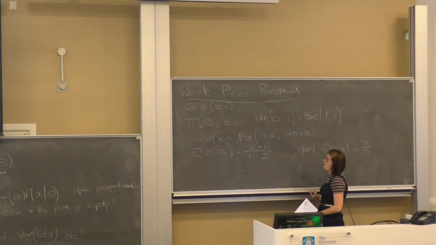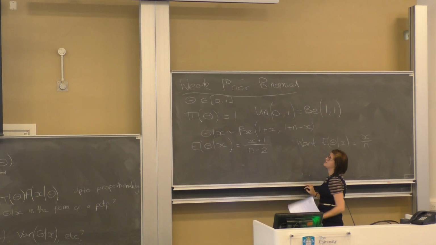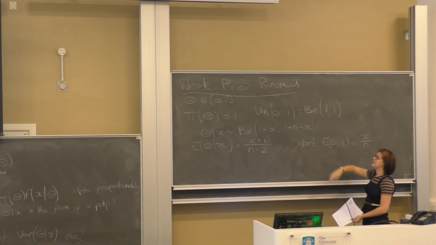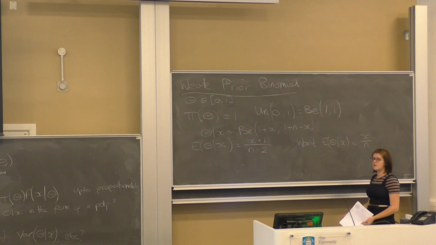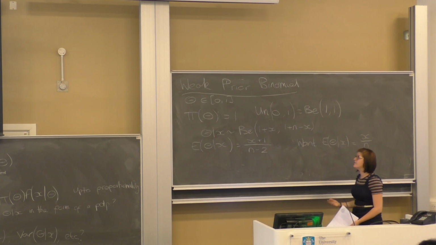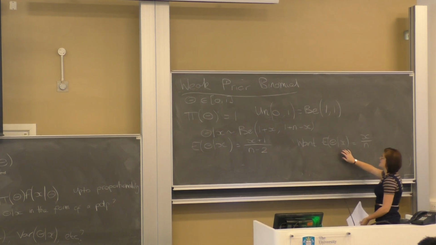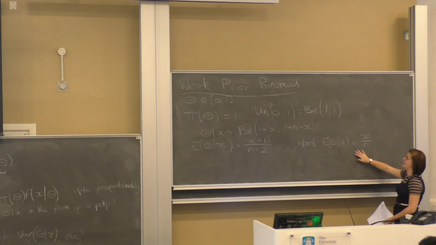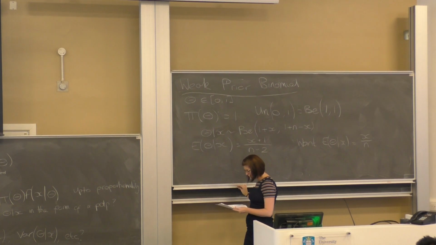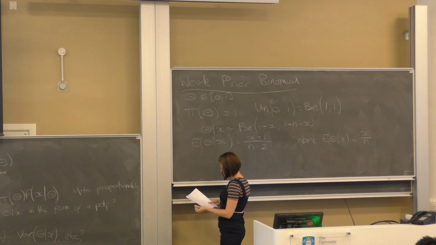So even though this represents us knowing nothing about theta, and it's conjugate, so it's nice and easy to work out what our posterior is, although it's convenient, it might not be ideal because we don't have this quality that our posterior is only based on what we've seen in the data, because we have this extra bit added to it.